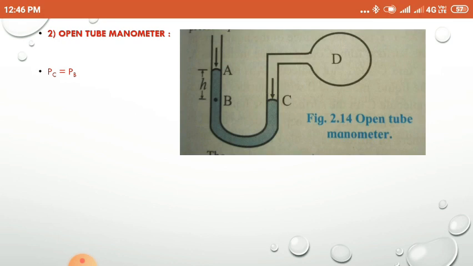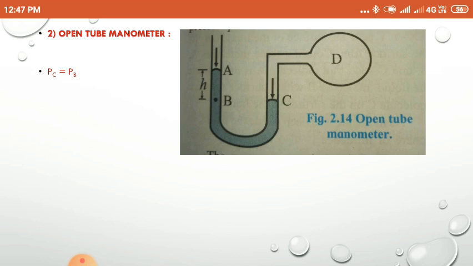This helps in having a large level difference between the level of liquid in the two columns. Again, one arm of the manometer is open to the atmosphere and the other is connected to the container D, of which the pressure P is to be measured.